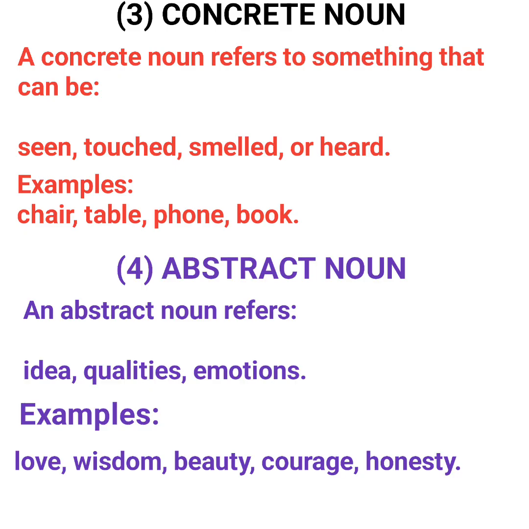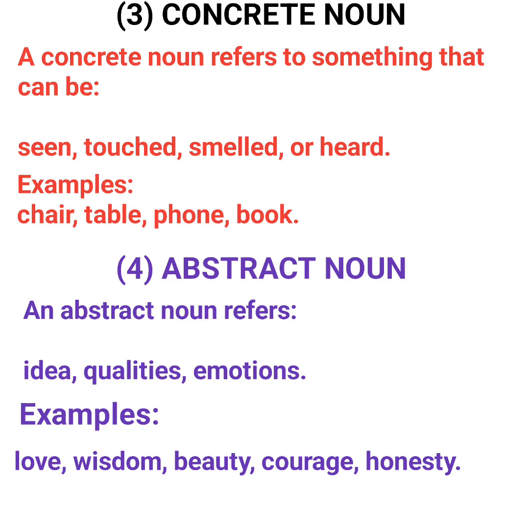For instance, chair, table, phone, book. Have you seen that all these examples are concrete because we can see them, we can touch them, and so on and so forth.